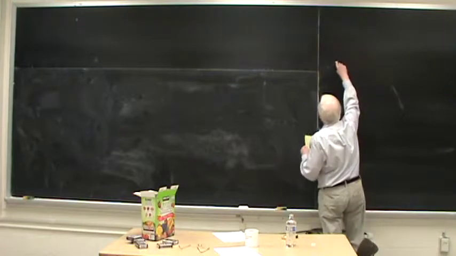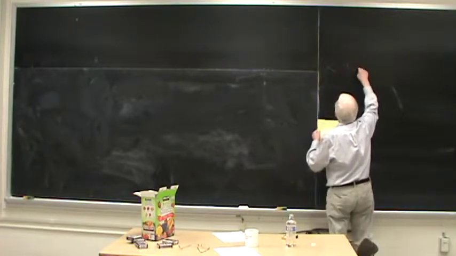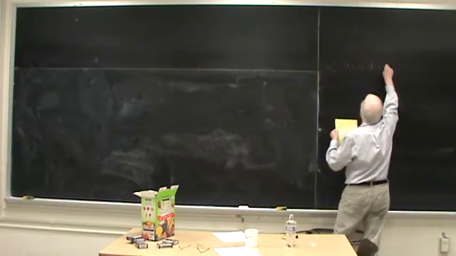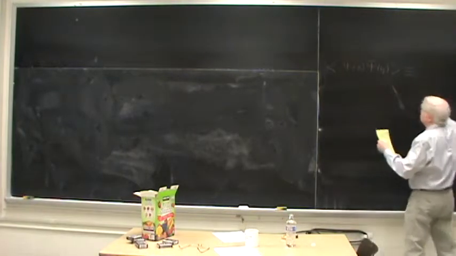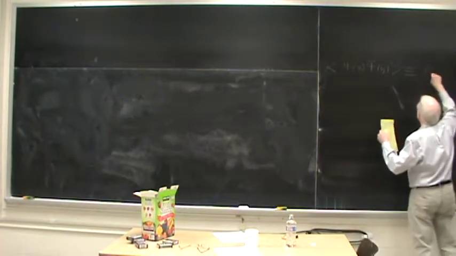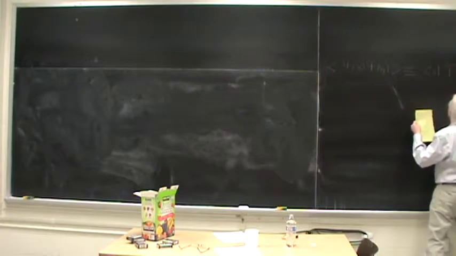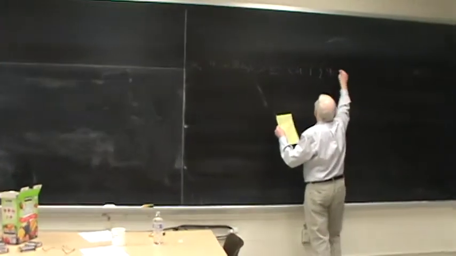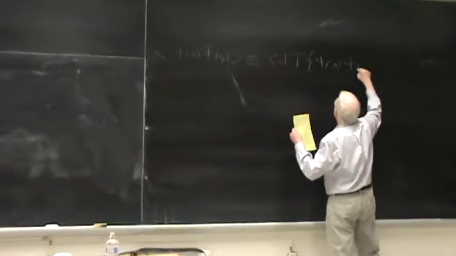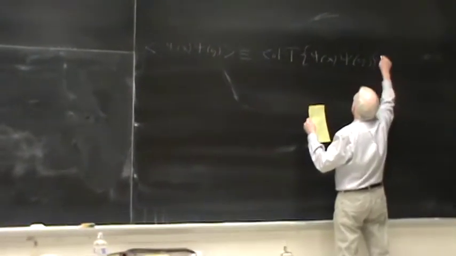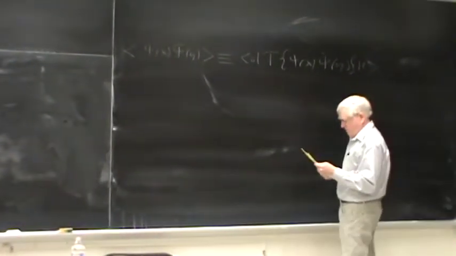Schwartz uses an abbreviated notation, which is just these brackets. By that, he means the time-ordered product of whatever's there in the vacuum.